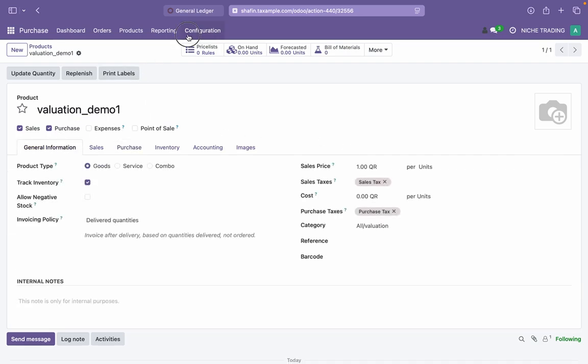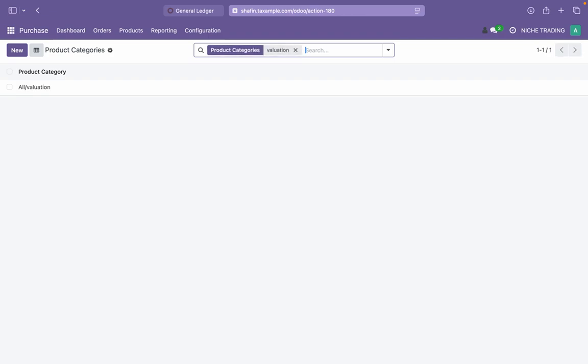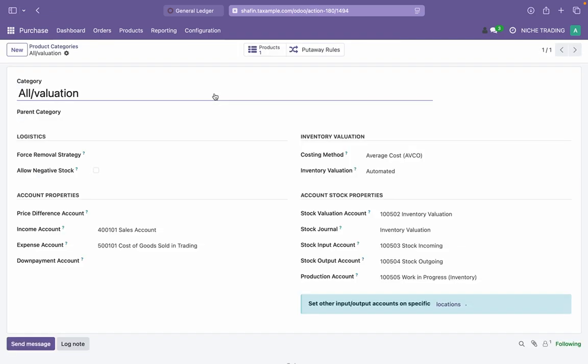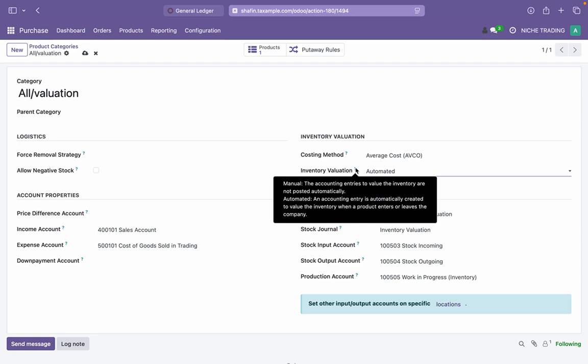Okay, so if we go to configuration and product category, to enable the automated inventory valuation system, we have to come here and manually enable this function called inventory valuation.